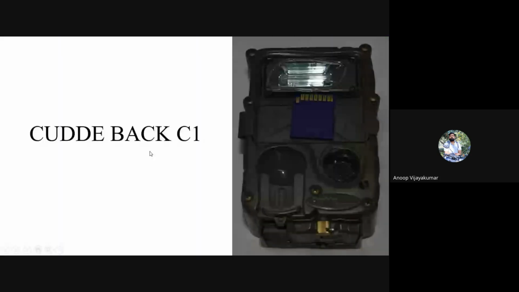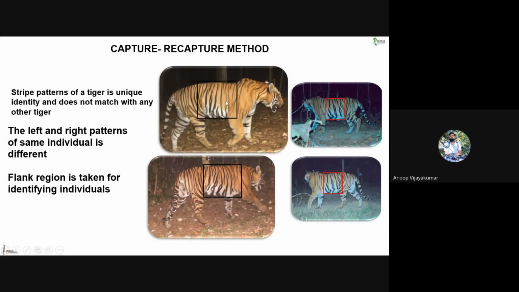We can identify tigers through their stripes. Tigers and leopards can be identified individually, tigers through stripes and leopards through rosettes. Individual to individual, like our fingerprints, they are unique. In tigers, we usually take the flank region for individual identification, because when they walk, these areas are very intact.